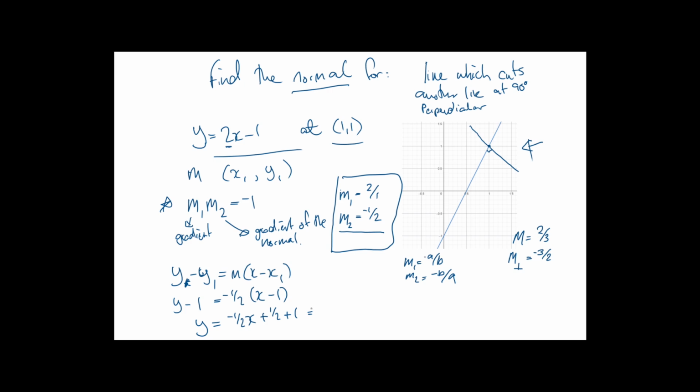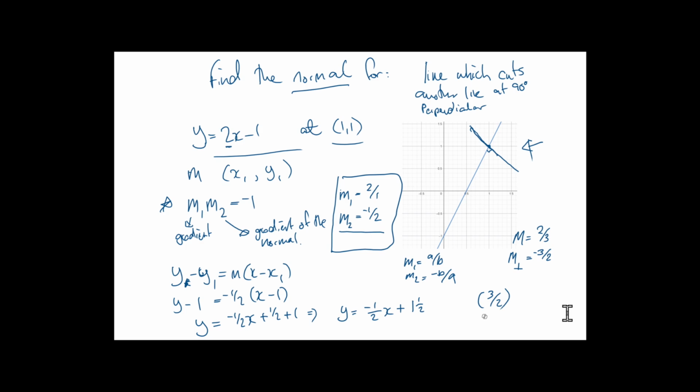So the formula of this line here is therefore going to be y equals -1/2 x plus 1.5, or 3/2 if you want. All right, so everything that you need to know about normals is in this little example here.